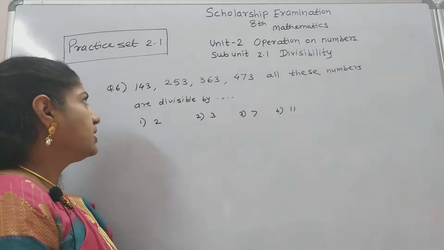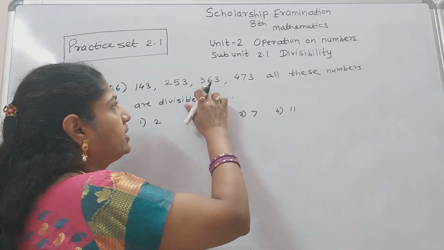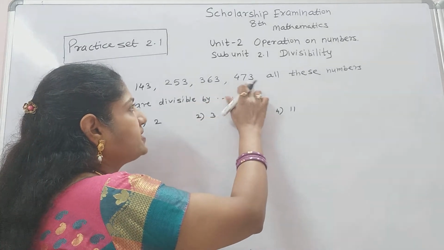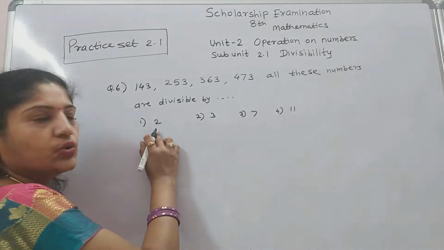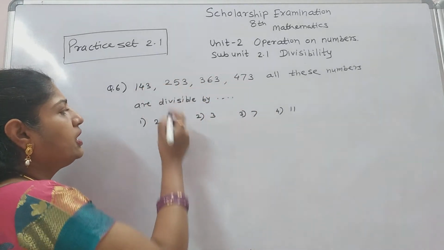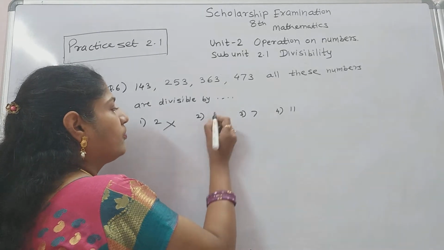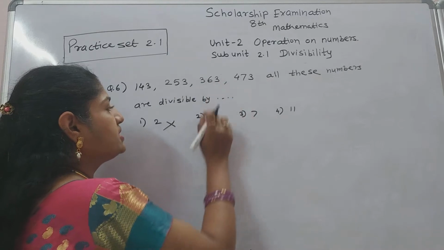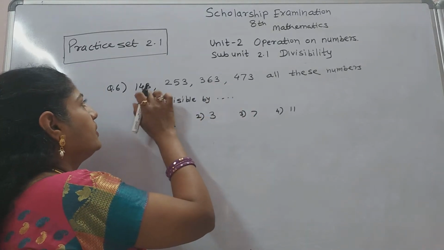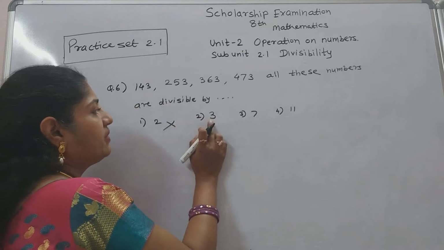Next question is: 143, 253, 363, 473. All these numbers are divisible by what? First option is 2. These numbers are odd numbers, so not divisible by 2. Now 3: if this number is divisible by 3, add the digits. 5 plus 3, 8, not divisible by 3.